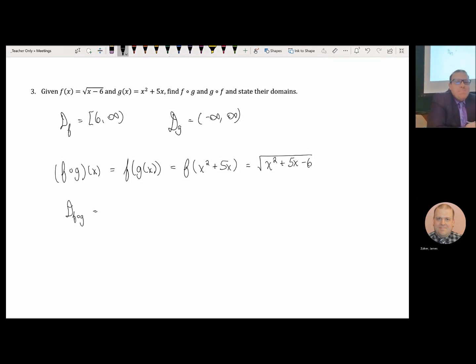Domain of f of g. It's the set of all elements in the domain of g such that g of x is in the domain of f.